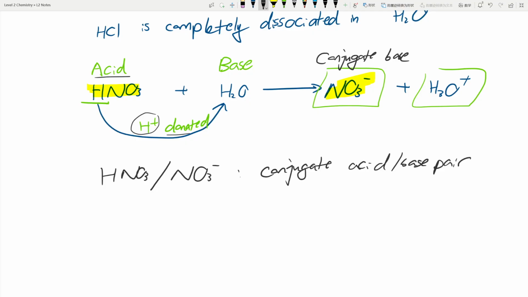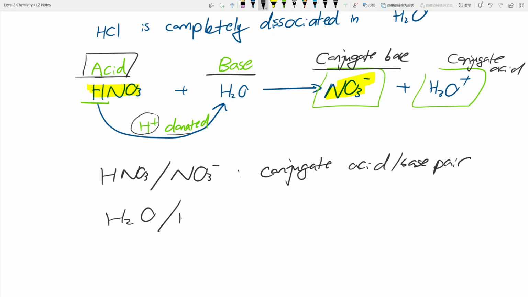But just for now, you just need to understand, yep, if I started with the acid, then I'm going to form the conjugate base, and if you started with the base, this is going to become the conjugate acid. Okay, so your water and H3O plus is going to be the same thing, a conjugate acid base pair.